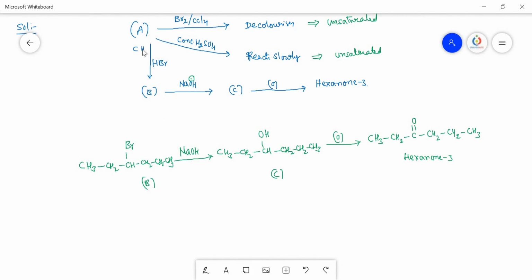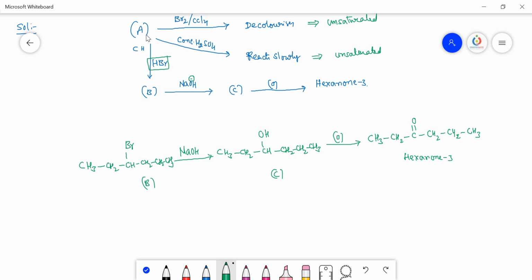Now compound B is obtained from A, which we said is an unsaturated molecule, by reacting with HBr. From this it is very clearly understood that here only one OH is there, and here only one bromine we expected, because only one keto group existed. That means only one HBr might have been involved in the reaction.